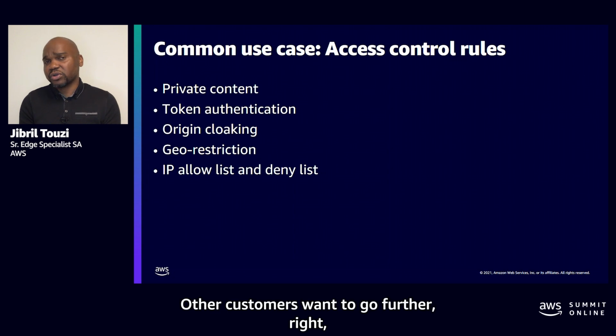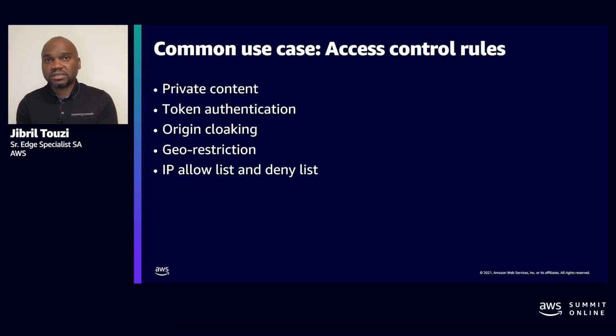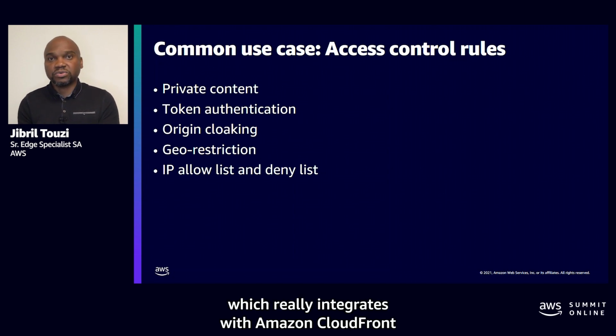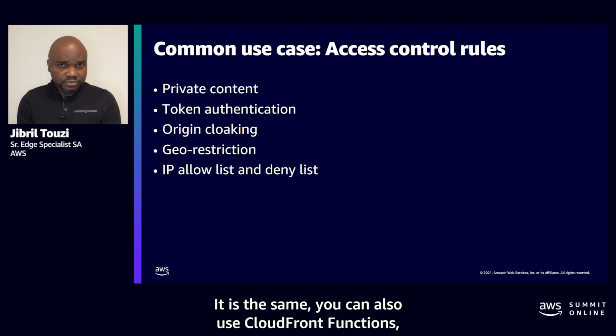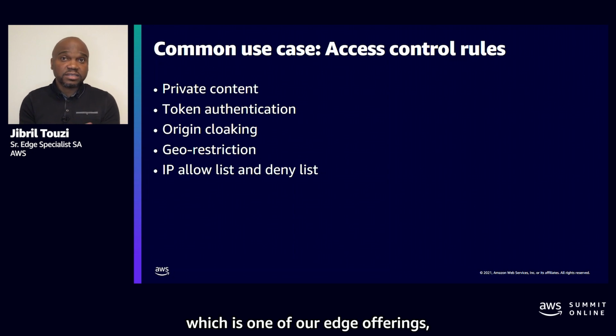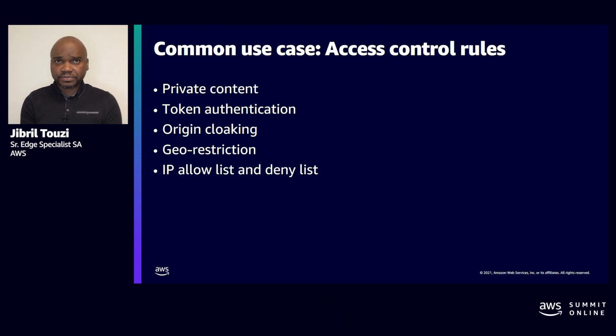And other customers want to go further, right? They want to grant access based on IP addresses or block some IP addresses. For that, you can use AWS WAF, which integrates with Amazon CloudFront to allow or deny those IP addresses or IP ranges. You can also use CloudFront Functions, which is one of our edge computing offerings, to allow or deny those IP addresses.